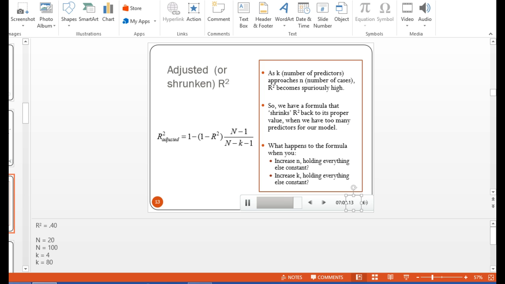Basically what you're doing is grouping your predictors and averaging them into one. Let's say 5 predictors correlate highly with each other. You take them and average them together and treat them as one predictor.